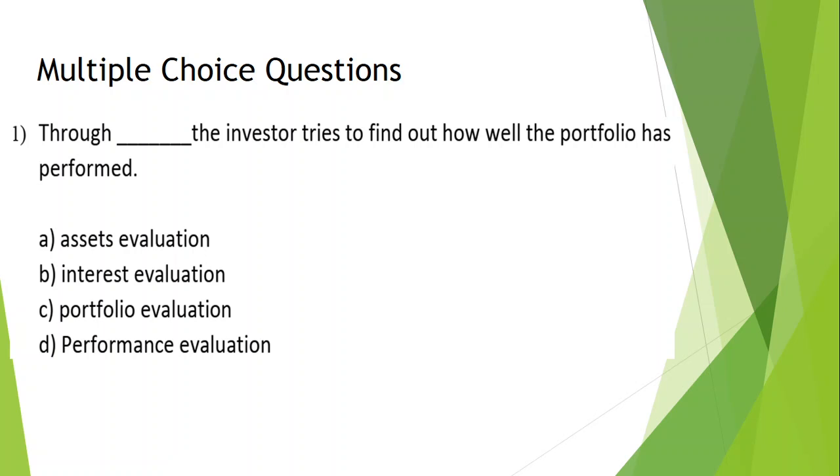Option A, assets evaluation. Option B, interest evaluation. Option C, portfolio evaluation. Option D, performance evaluation. Can anybody tell the answer for this? The answer is option C, portfolio evaluation.